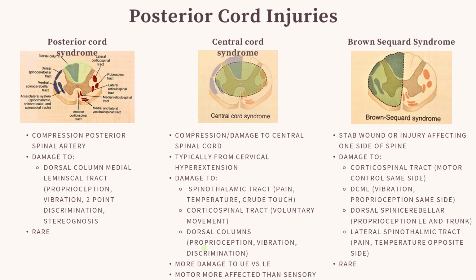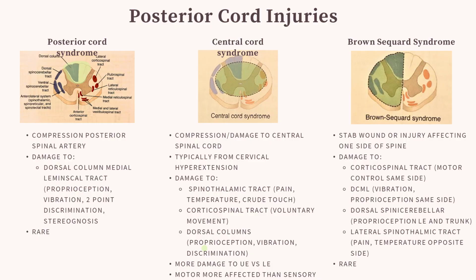So if you know your anatomy and your physiology, you know where these things are in the body and what they do. The names guide you to what the impairments are going to be. Posterior cord syndrome is going to affect everything posterior to the gray matter, which is going to be that dorsal column medial lemnisci.